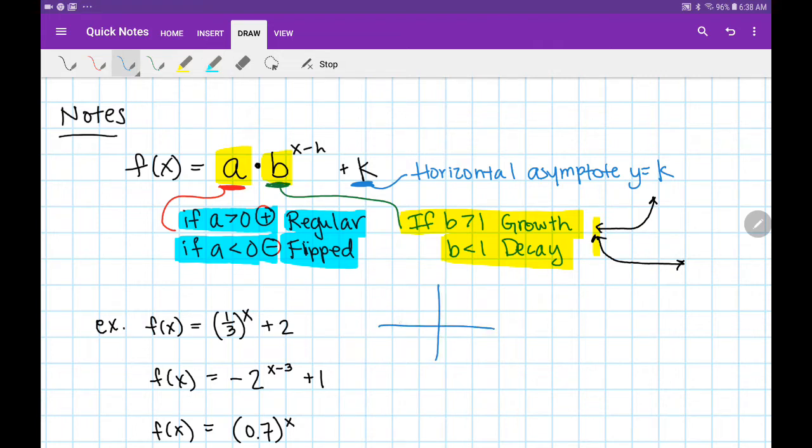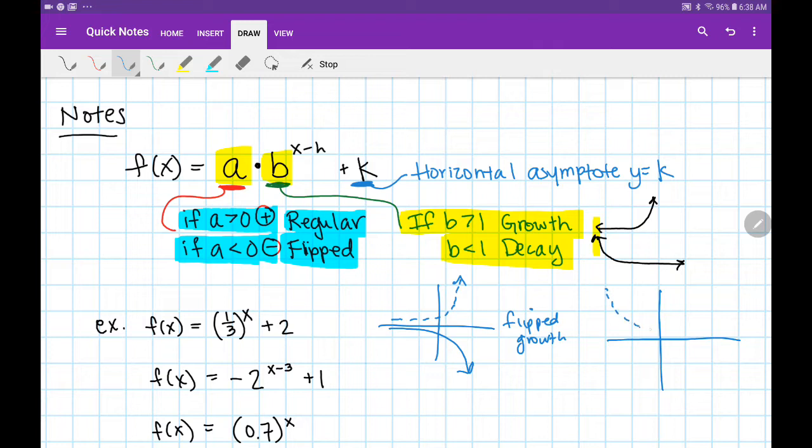So let's say we have a growth curve, but then it's flipped. That means it's not going to look like this. This is what it would look like if it was regular growth, but this would be a flipped growth curve. Similarly, let's say I had a decay graph.